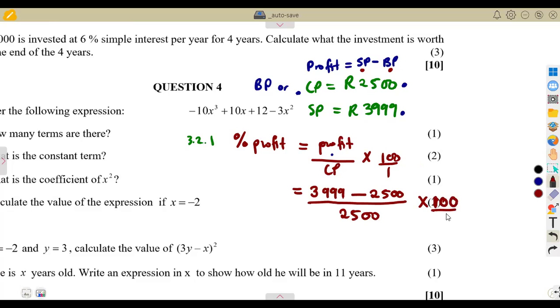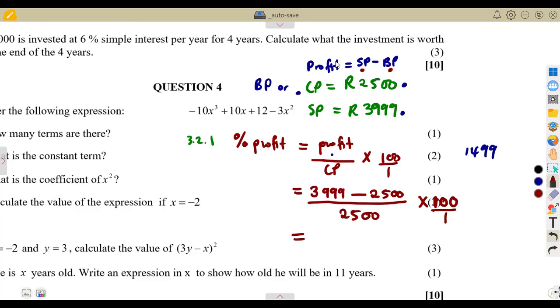So you multiply by 100 over 1. Yes, you could have just subtracted before, which is your profit. The difference here is 1,499.